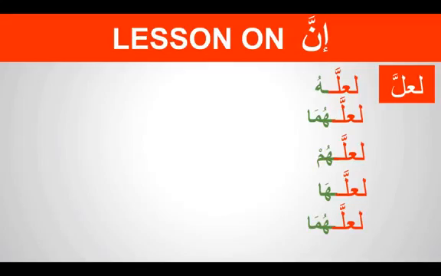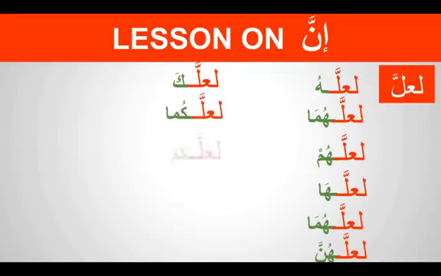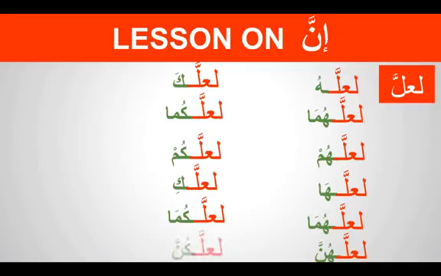In lesson number 1, we'll be using the meaning of hope. Normally if we say kaifa haluk, la'allaka bi khair, I hope you are well. So la'allahunna, la'allaka, la'allakuma, la'allakum, la'allaki, la'allakuma, la'allakunna, la'alli, la'allana. These are the 14 pronouns which can be attached.